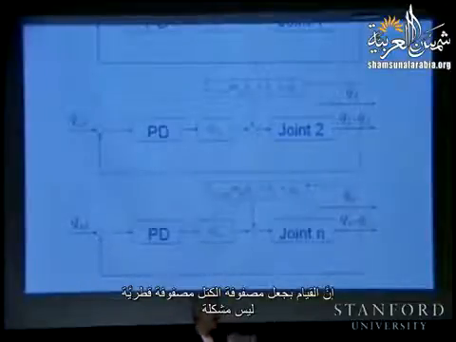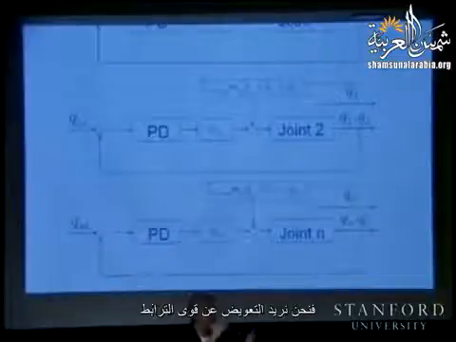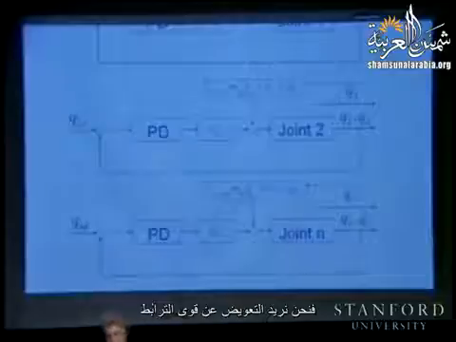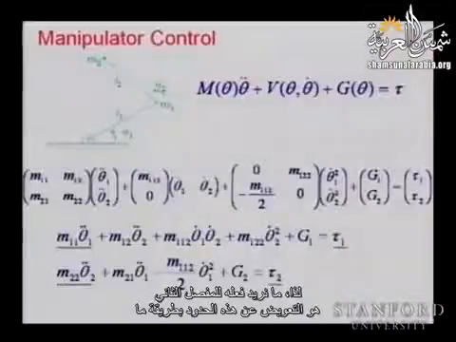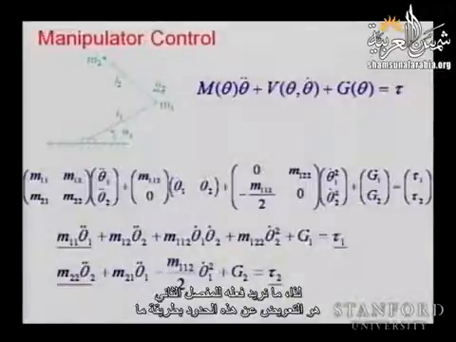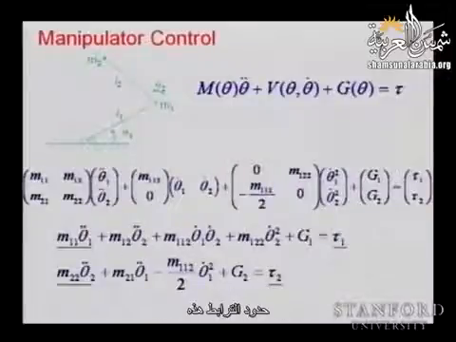Now, diagonalizing the matrix is not really the issue, because essentially you want to compensate for the coupling forces. So what you want to do is, for joint 2, somehow compensate for those coupling terms.